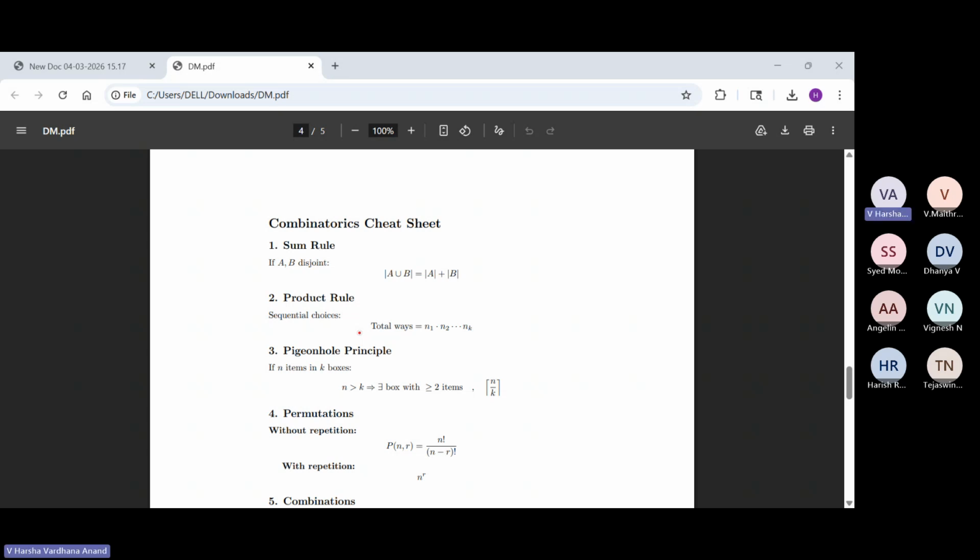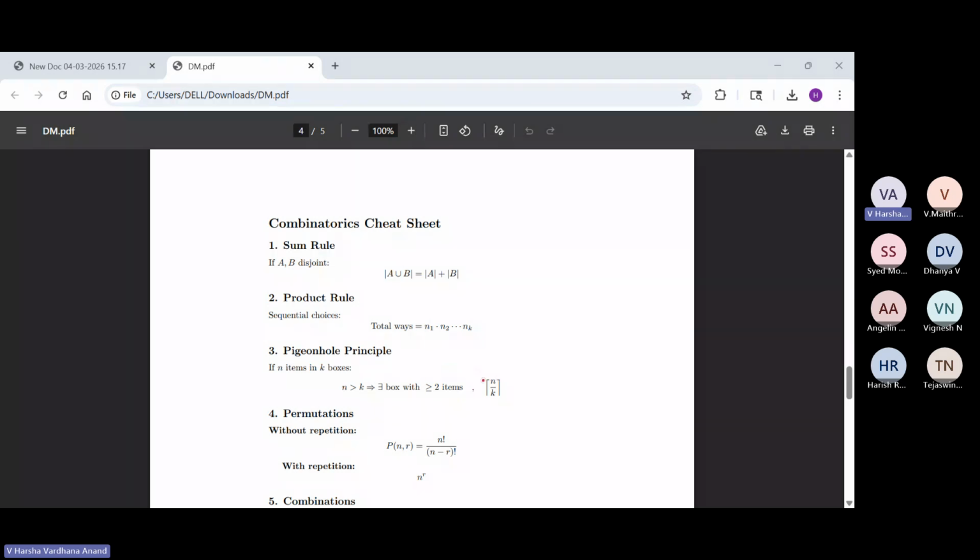So how do you put 50 items in 5 bags? For that, a basic rule is n by k. So if you put 50 items in 5 bags, there has to be one bag with greater than or equal to 50 by 5 items.